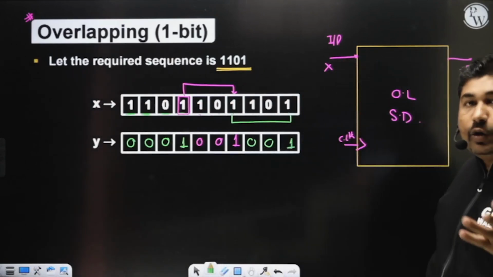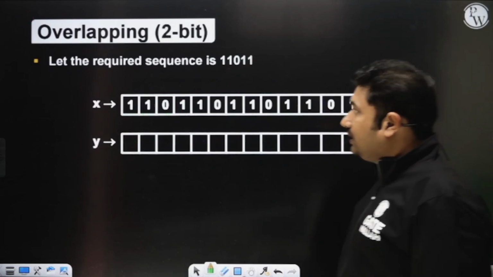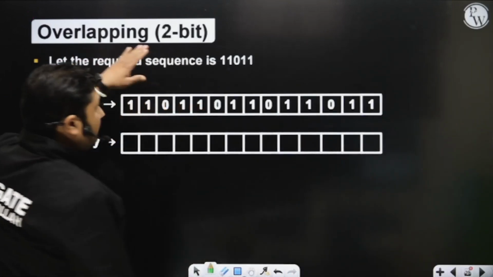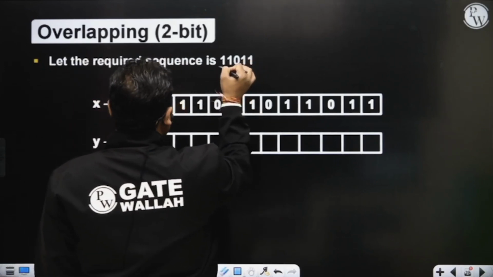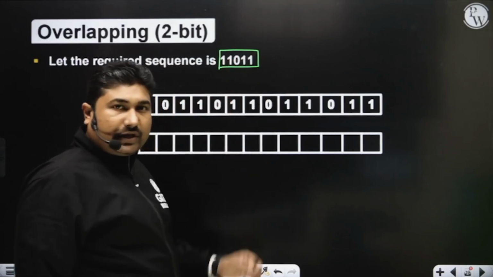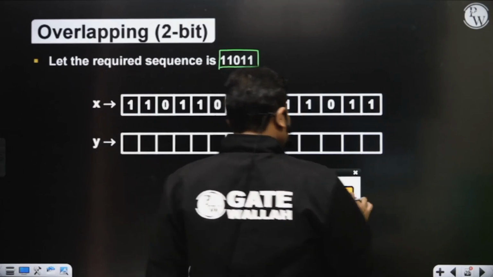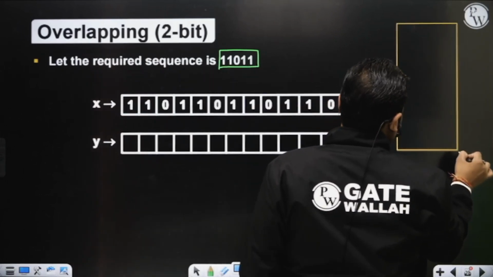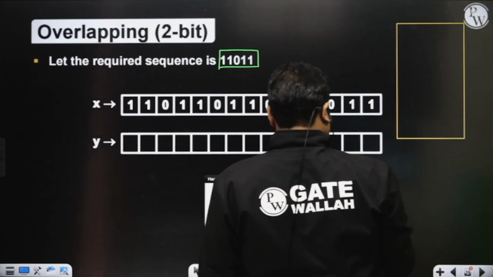Let's talk about overlapping by 2 bits. A sequence detector overlapping by 2 bits. Let us suppose we need to detect the required sequence 11011.